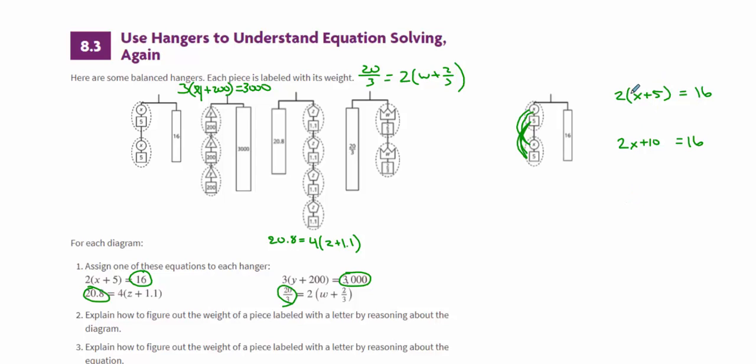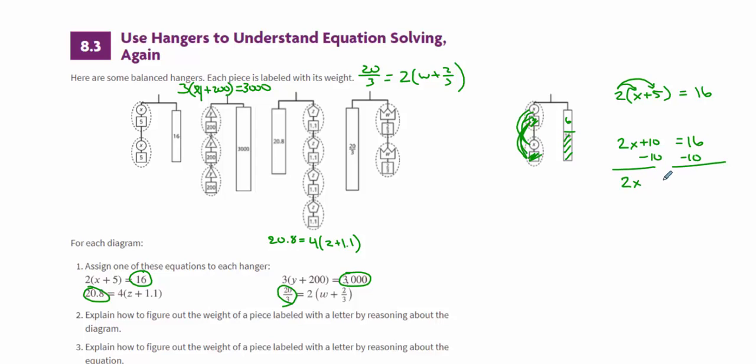So to get from this equation to this equation, I'm just using the distributive property. 2 times x is 2x. 2 times 5 is 10. And then I take away the 10 and take away the 10. So I take away 10, take away 10, and this is exactly like the previous lesson.